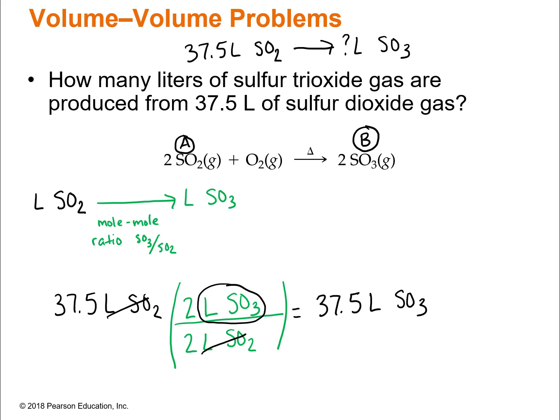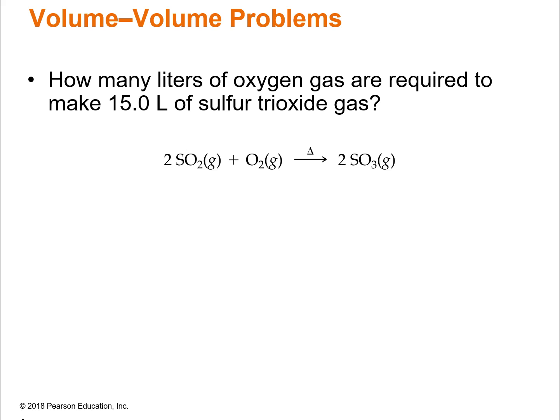Questions on that? Okay. Here's one more problem I want you to try. I'll help you get it set up, and then I want you to give it a shot. How many liters of oxygen gas are required to make 15 liters of sulfur trioxide gas?